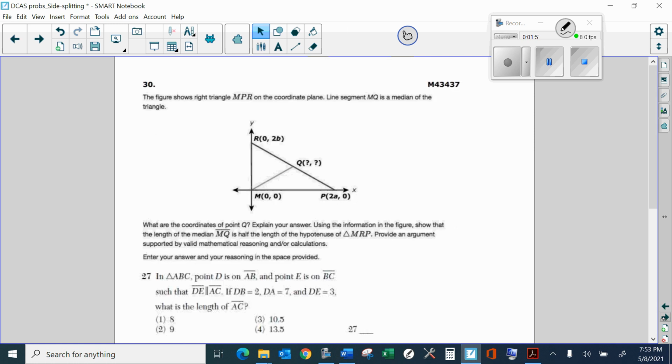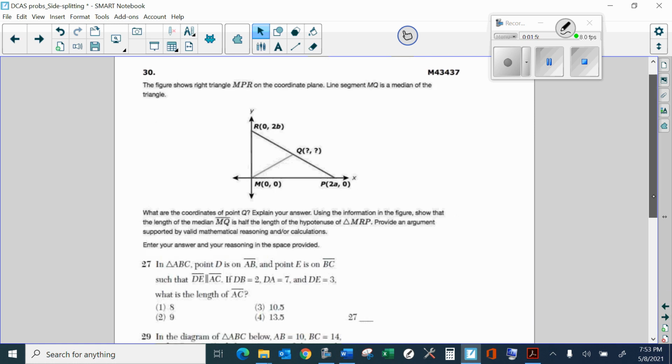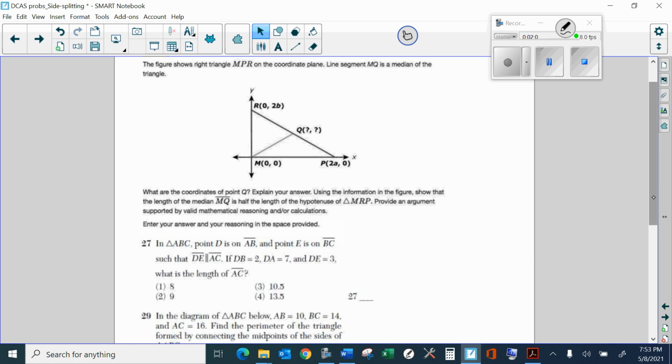All right, here we go right here. MQ is a median, so that means it goes to the midpoint of the opposite side. So you use the midpoint formula to get Q. The X coordinates add together, so 2A plus 0 divided by 2, comma 2B plus 0 divided by 2.